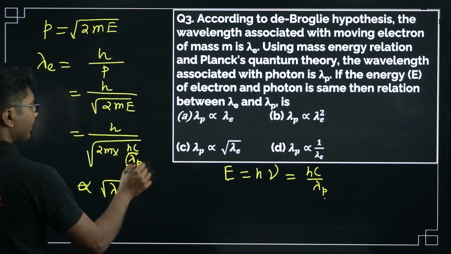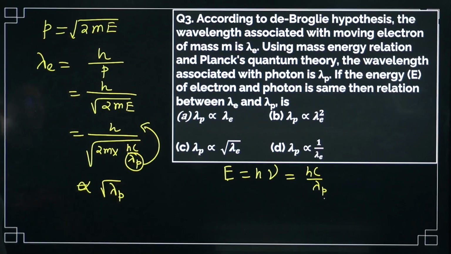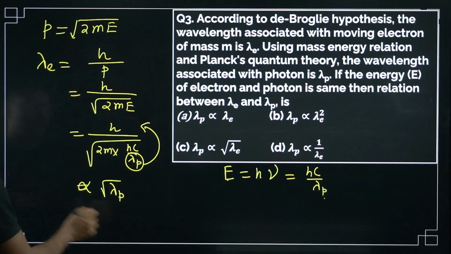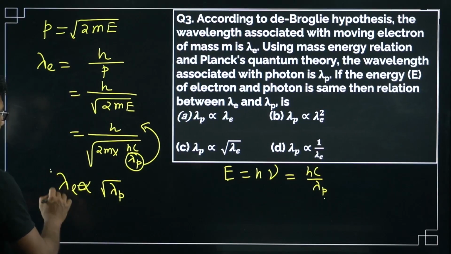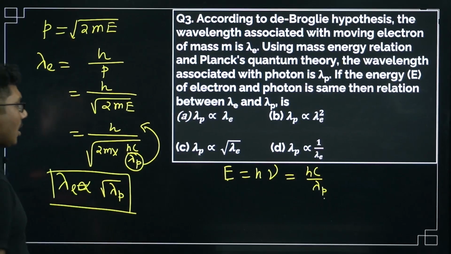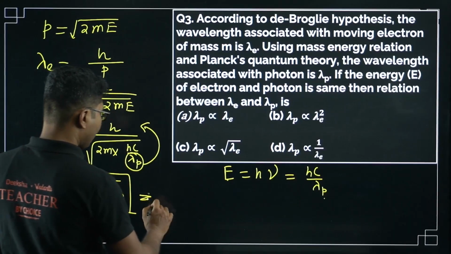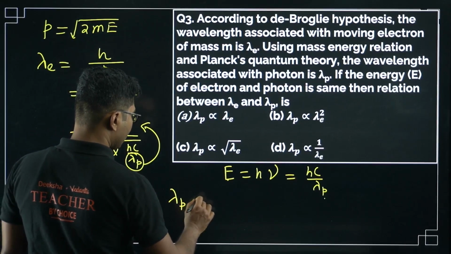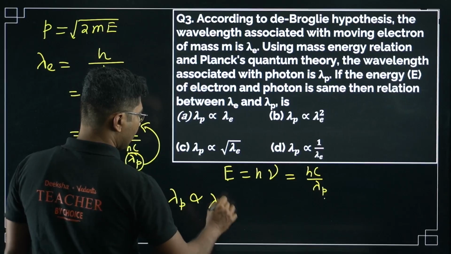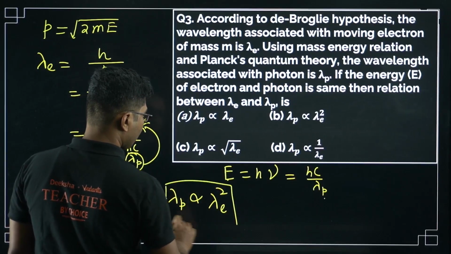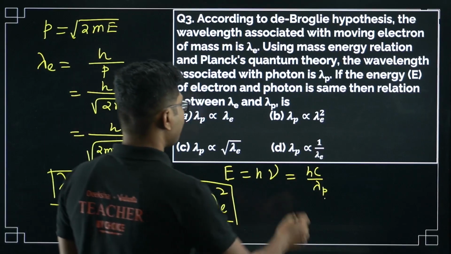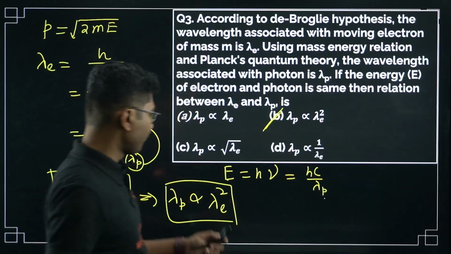This is in division, so this will go up. Division of division will be multiplication. So lambda electron is proportional to square root of lambda p, or lambda p, that is lambda photon, is proportional to lambda electron square. So lambda p is proportional to lambda electron square.